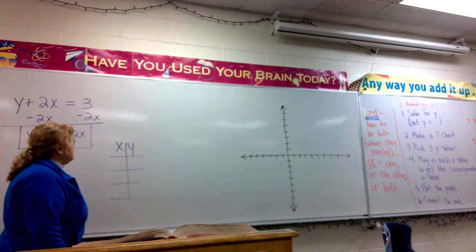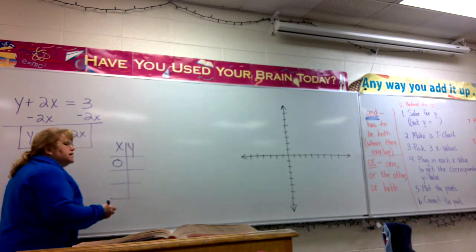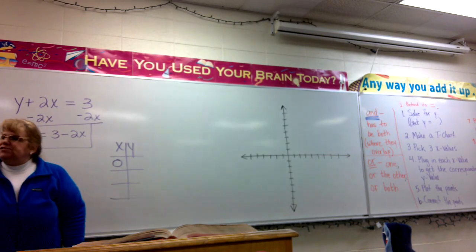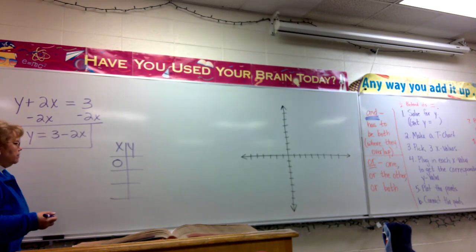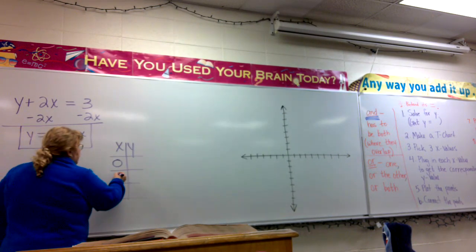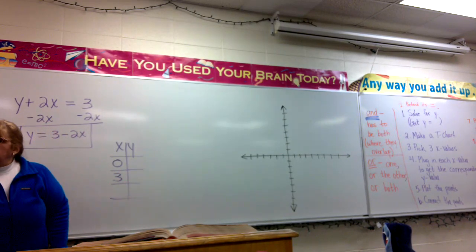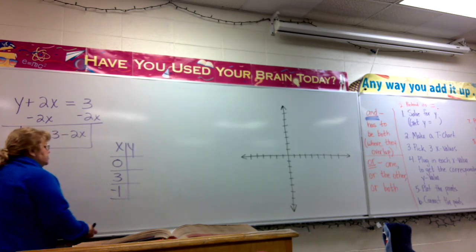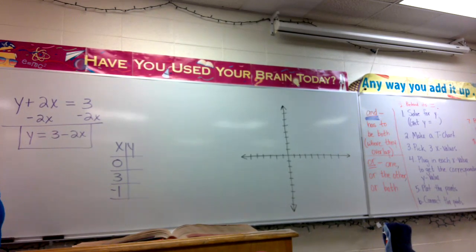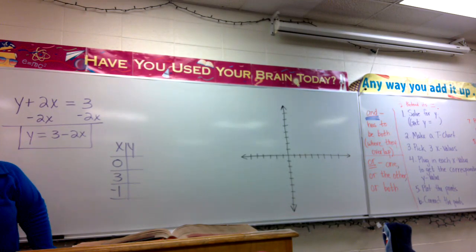What do you want to pick for x? 0. I always like 0 because 0 usually ends up being easy to work with. What else? 2. I like to usually pick a positive, like maybe 3, and a negative. What should we pick for our negative? Negative 1? Easy enough. So step 3, pick 3 x's, I'm done.